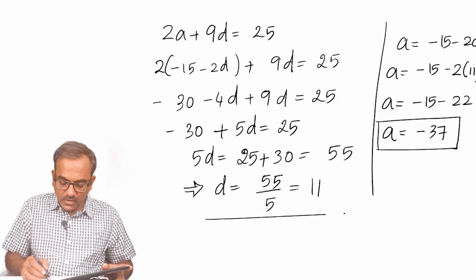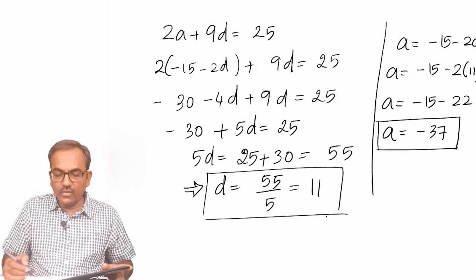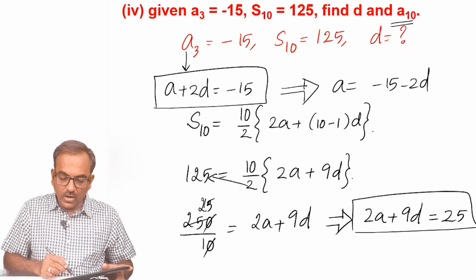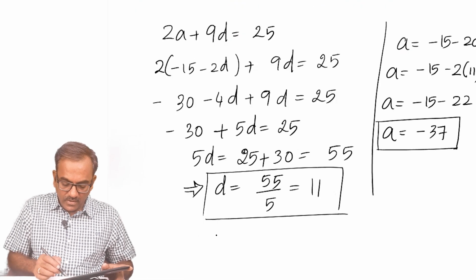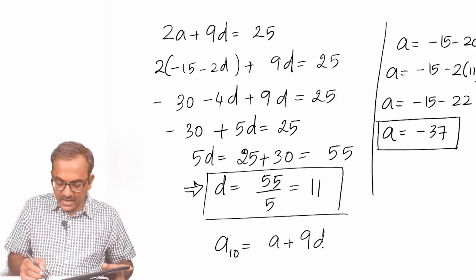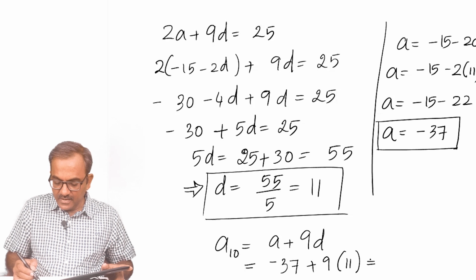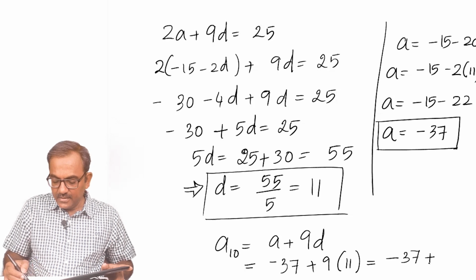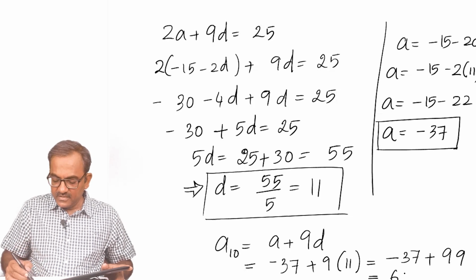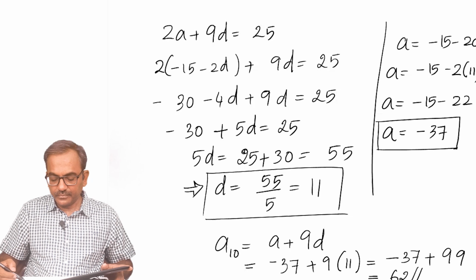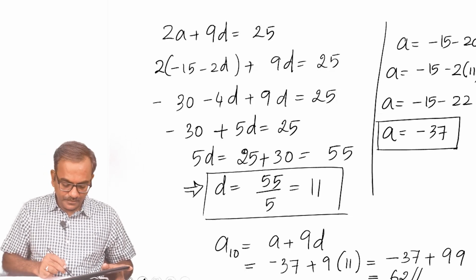We have got the value of A, we have got the value of D. Find the value of A10. So what will be A10? A10 will be equal to A plus 9D. A is minus 37 plus 9 times 11. Minus 37 plus 99. That would be 62. So the value of A10 is 62.